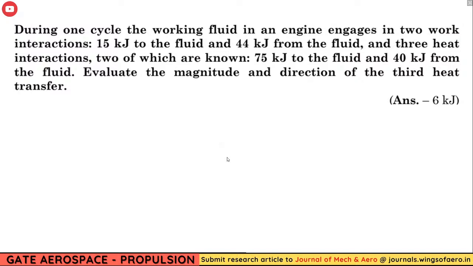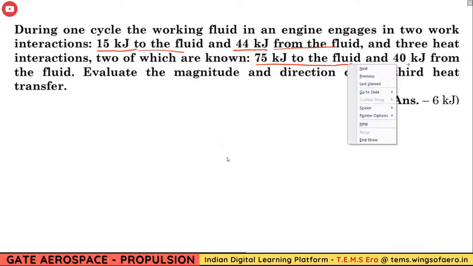This is from the first law of thermodynamics. First read the question. During one cycle, the working fluid in an engine engages in two work interactions. These are 15 kilojoule to the fluid and 44 kilojoule from the fluid, and three heat interactions, of which two are known: 75 kilojoule to the fluid and 40 kilojoule from the fluid.